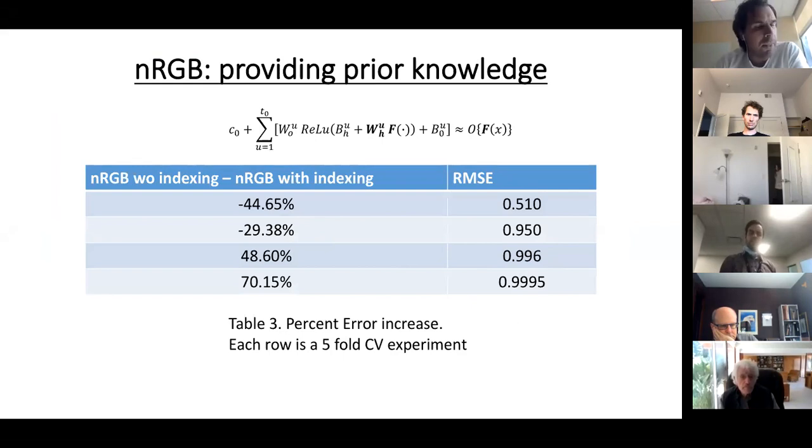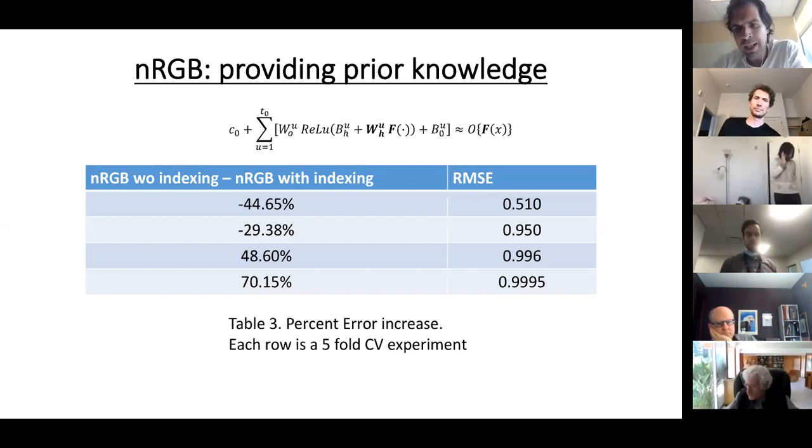And the other implication is that because intuition really doesn't work for nested functions, we need to be very careful when we say that an algorithm is working better than another because we offered prior knowledge. That prior knowledge, because of the nested function, might not be moving your function to where you want it to be. And that was really important to us, especially if you analyze neural networks.